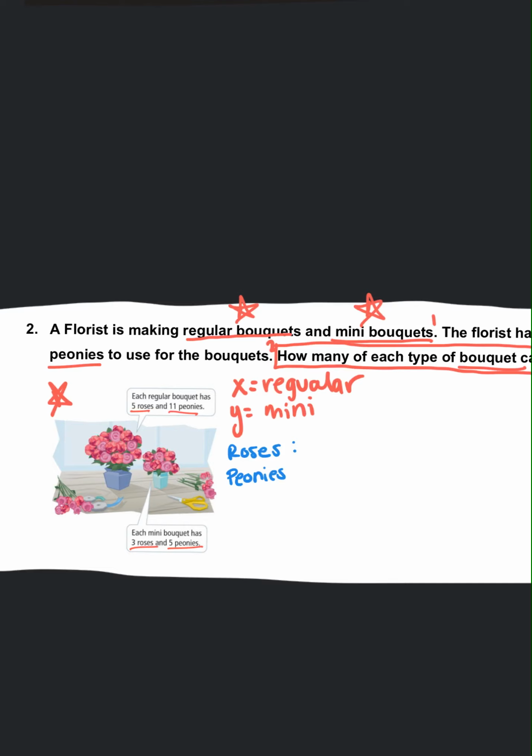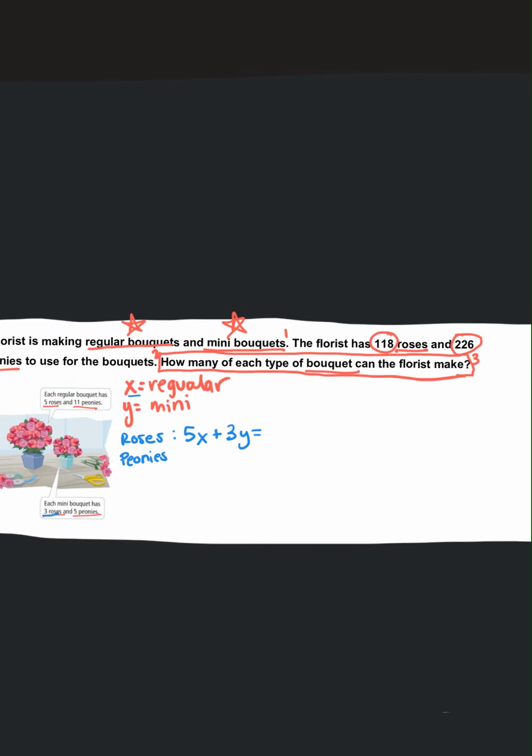So for roses, in a regular bouquet, there's 5. So we're going to have 5, and then regular stands for X. So 5X plus, with mini bouquet, we've got 3 roses. So 3Y equals our total amount of roses we had in the word problem, which was 118.